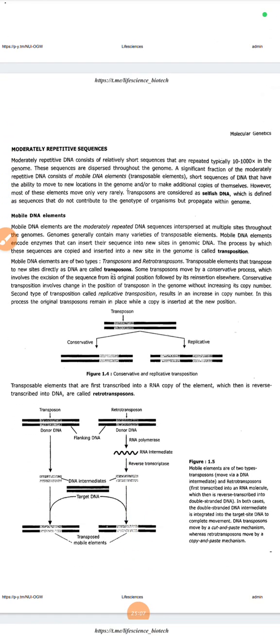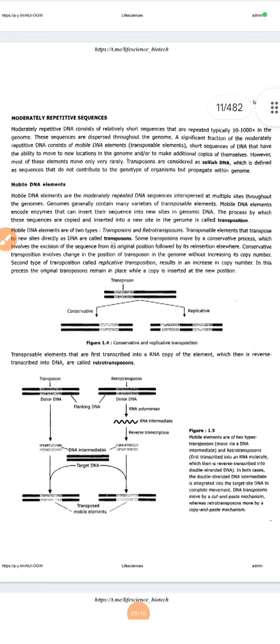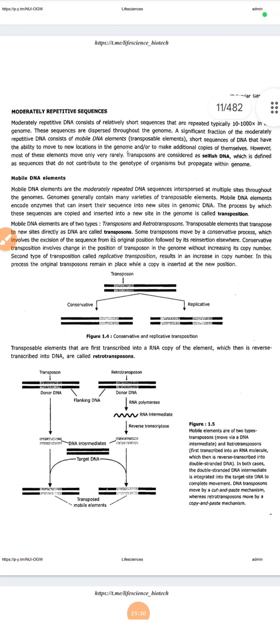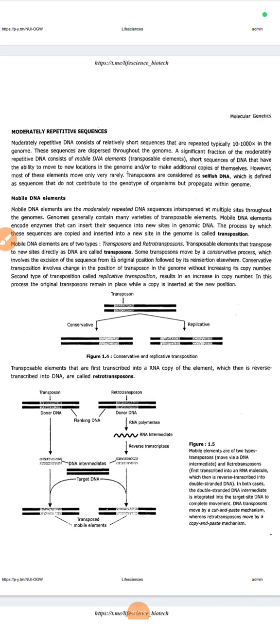A significant fraction of the moderately repeated DNA sequences are mobile DNA elements, short sequences of DNA that have the ability to move to a new location in the genome to make additional copies of themselves. They are like transposable elements. They move very rarely, but transposons, which are considered selfish DNA, are defined as sequences that do not contribute to the genotype of the organism but propagate within the genome.